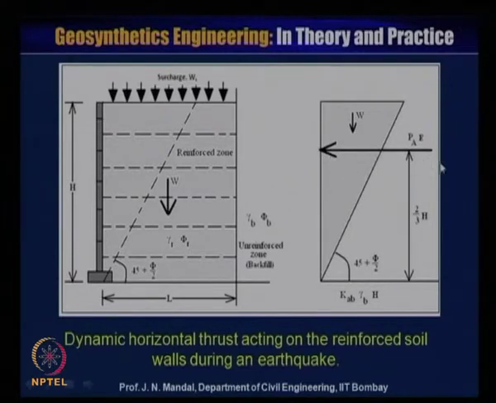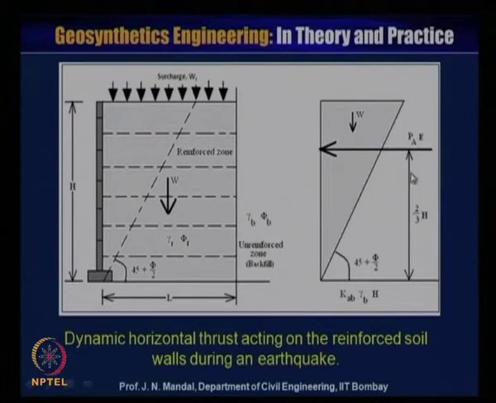This is the dynamic horizontal thrust PAE, which acts at a distance of 0.66, or 2/3, of the height of the wall. So you should remember that the dynamic thrust acts at 2/3 of the height of the wall from the base.